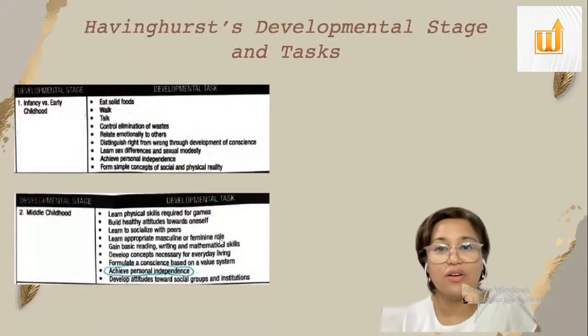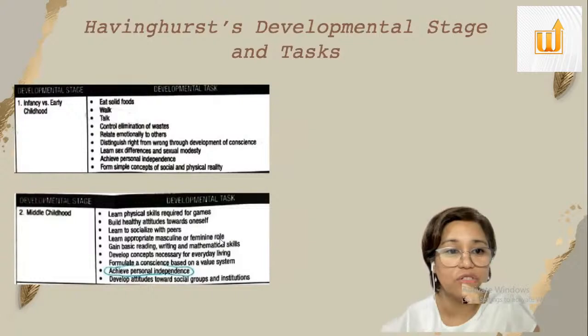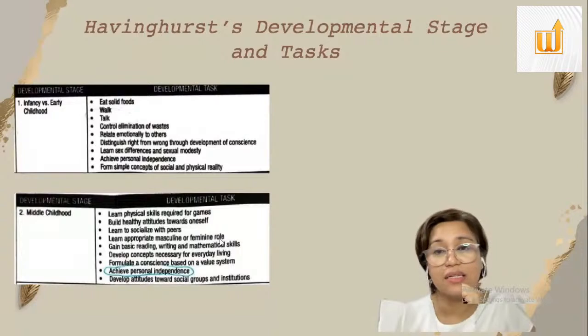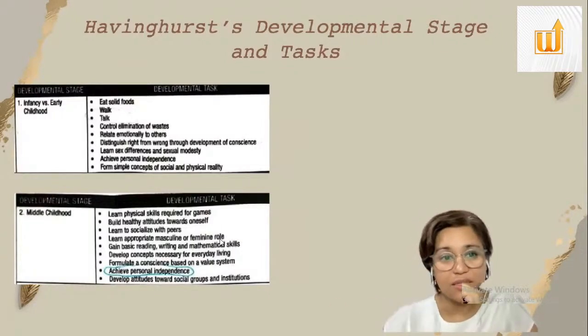Then we have Havighurst's developmental stages and tasks. So during infancy versus early childhood, the developmental tasks that are written here, there are certainly things that can be added here, but these are important, no?